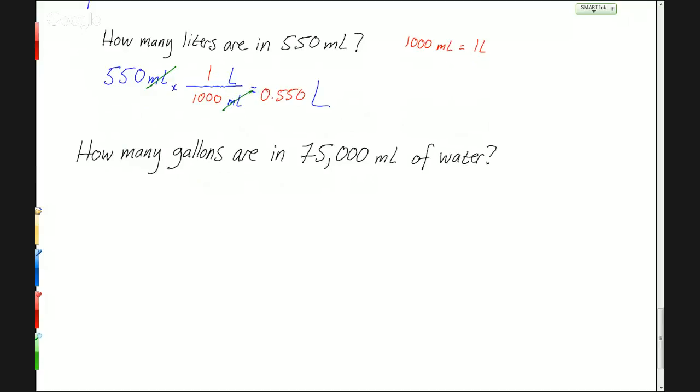How many gallons are in 75,000 milliliters of water? Now, gallons are a US or imperial unit. You don't need to know how many gallons are in a milliliter or how many milliliters are in a gallon. Does anybody know offhand?